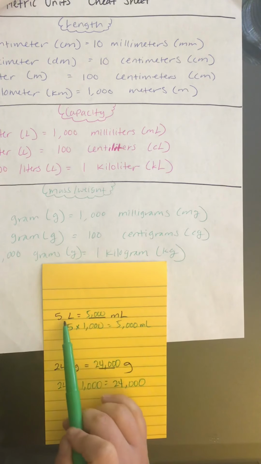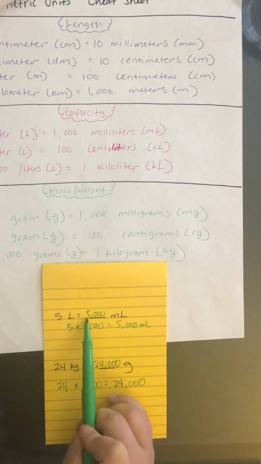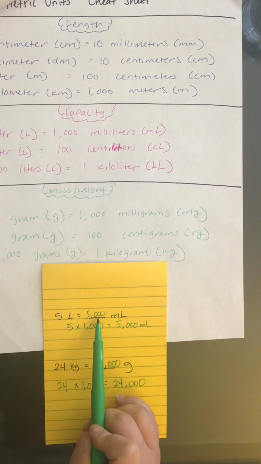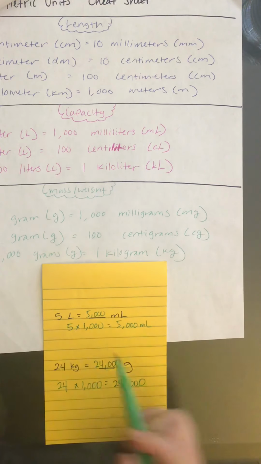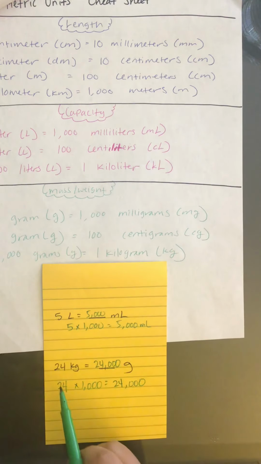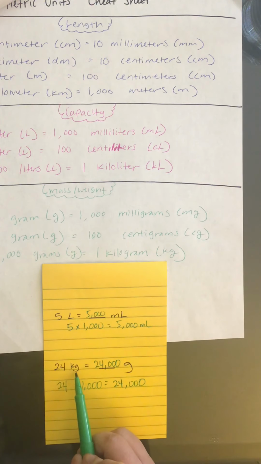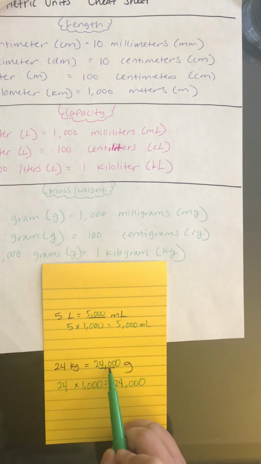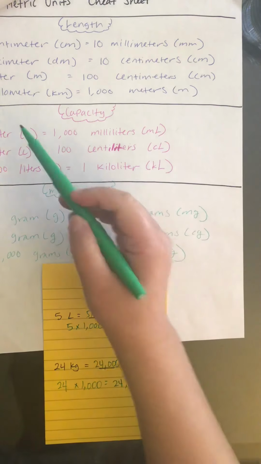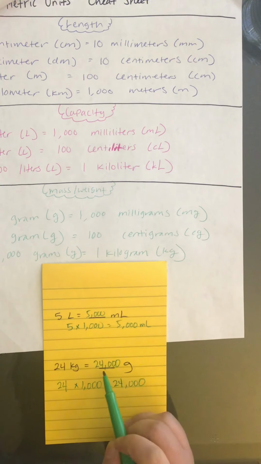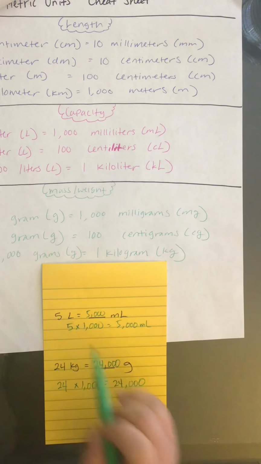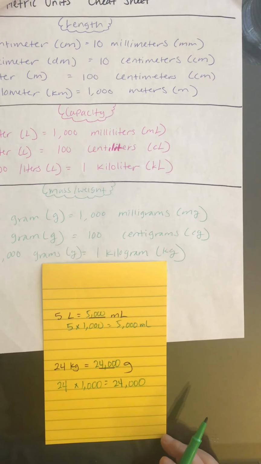So if you look at 5 liters to milliliters, notice how the 5 is the same, but obviously the value is different, right? How many zeros do you add? Because remember, everything is based on 10. Looking at 24 kilograms, you still have the 24, but definitely a lot more than the kilograms because 1,000 grams equals 1 kilogram, so 24,000. But notice how there are similar numbers to it, okay?